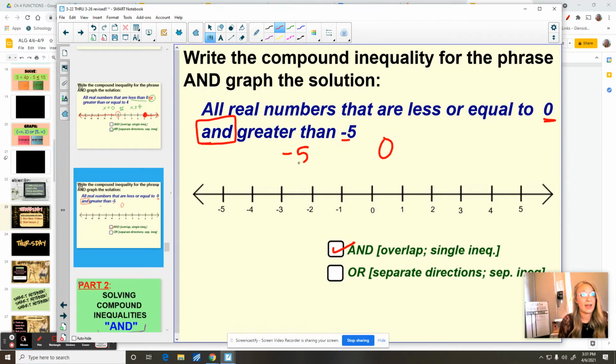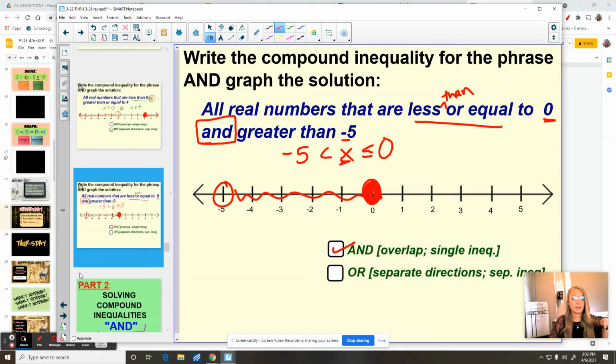You've got -5, and we know x will be in the middle. It should be less than or equal to 0, and then just greater than -5. So we'll have our open circle here, closed circle here, and because it's and we have x in the middle, we shade in the middle.